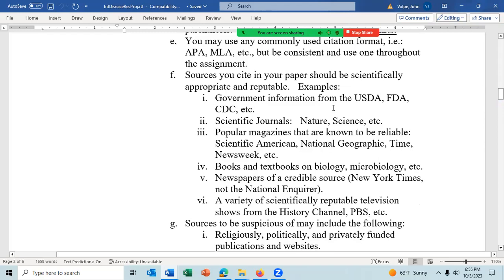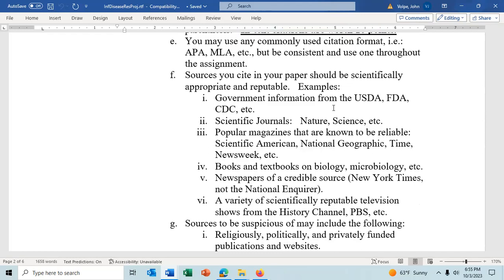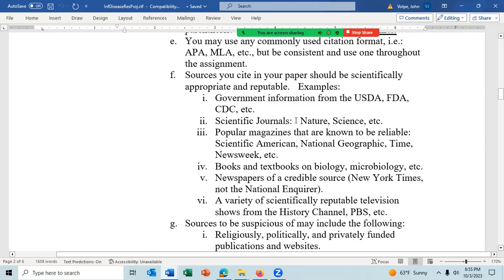You should use anything that is scientifically appropriate and reputable, like a government entity, the USDA, FDA, CDC, a scientific journal, popular magazines that are known to be reliable, Scientific American, National Geographic, Time.